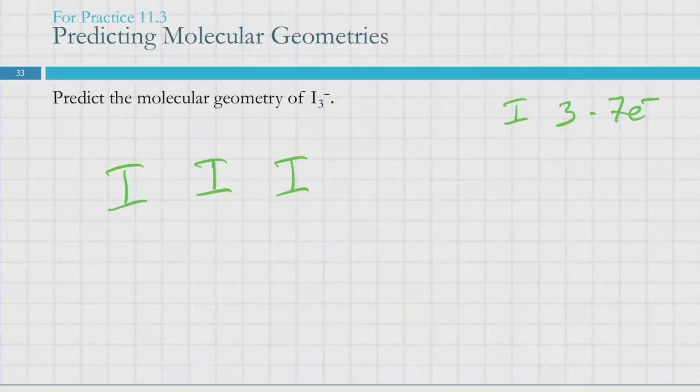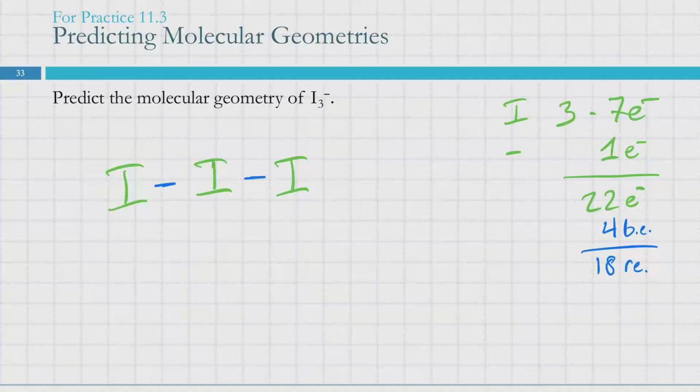And we also have 1 more electron because of the negative charge. So we'll have 22 valence electrons. We need to get them connected, so we'll put in 2 bonds. That's 4 bonding electrons. We should have 18 remaining electrons.